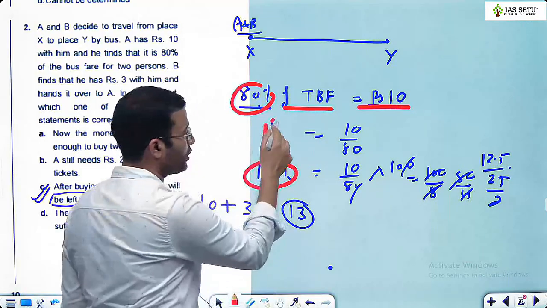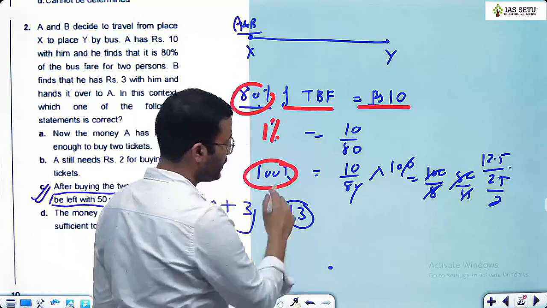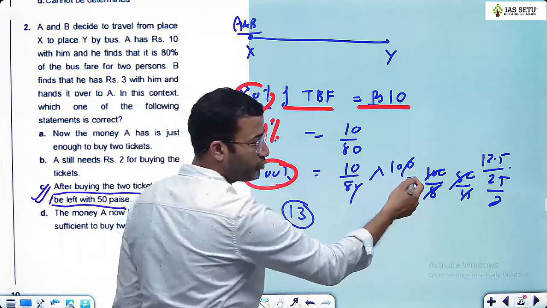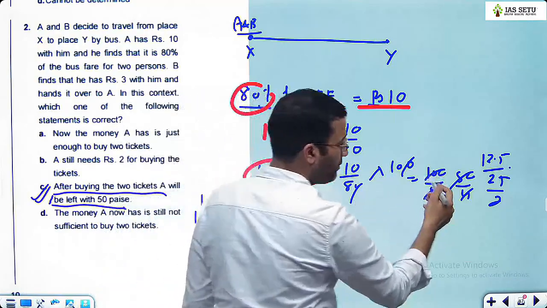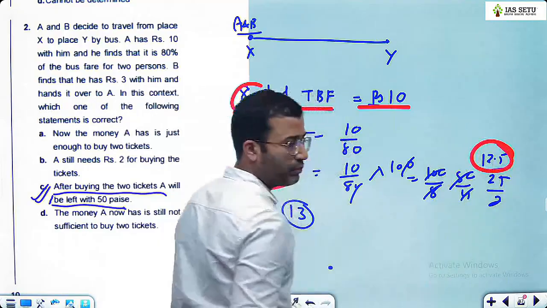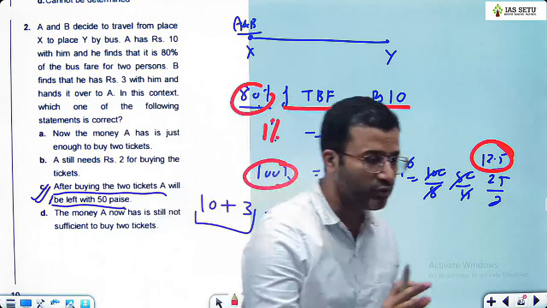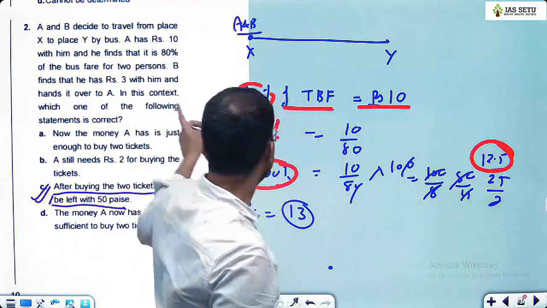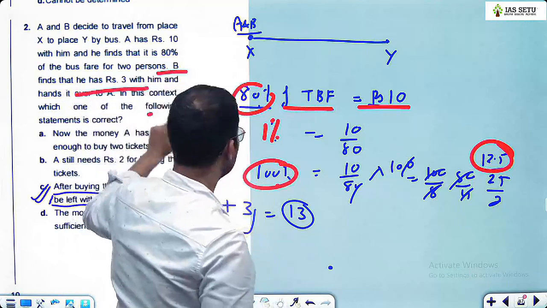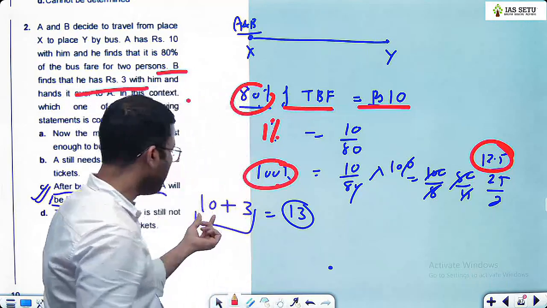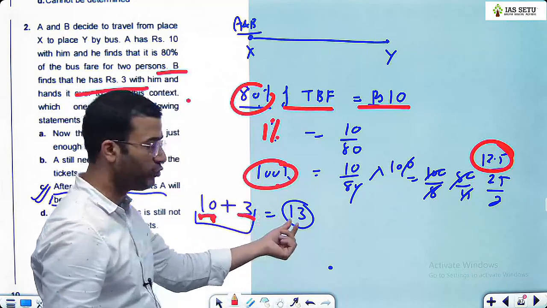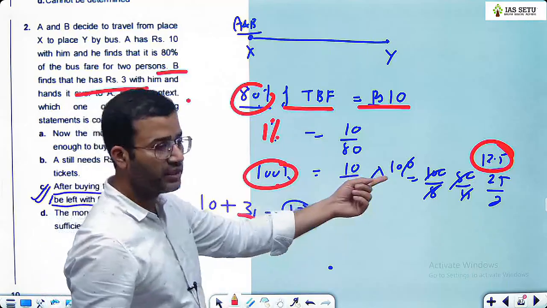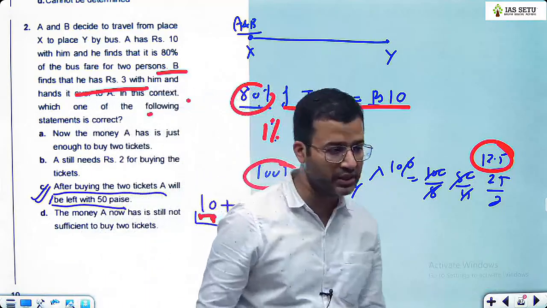You can use the unitary method. 1% is 10 by 80, so 100% will be 10 by 80 into 100. If you solve it, it will come 100 by 8, finally 12.5. Means they need 12 rupees 50 paisa. B finds that B has 3 rupees with him and gives it to A. So A had earlier 10, B has given 3, they have a total of 13. How much do they need? 12 rupees 50 paisa. They have 50 paisa extra.